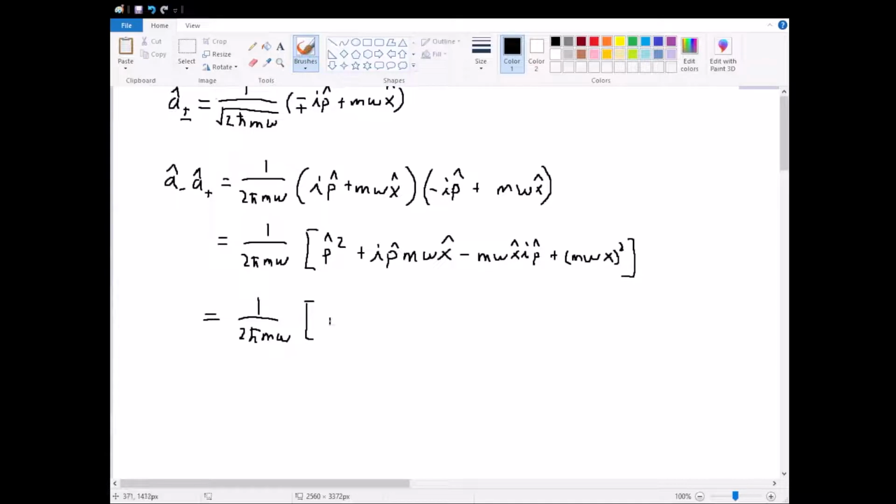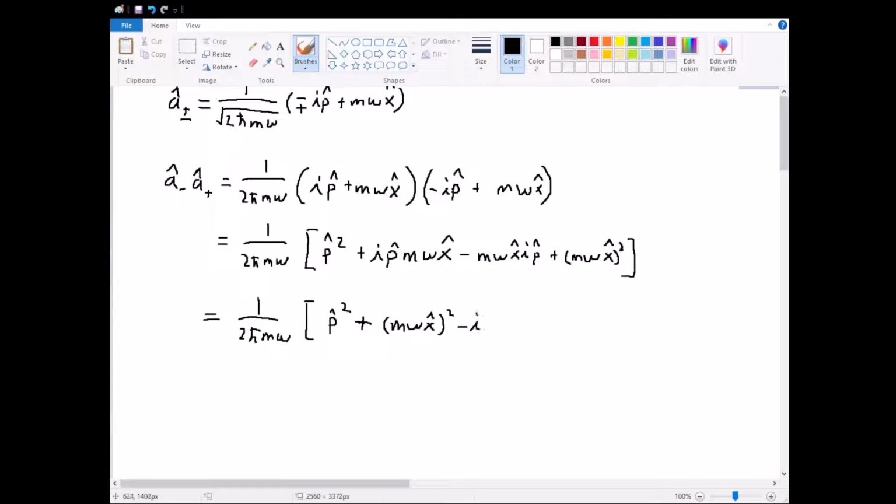So we have p hat squared, and then plus m omega x hat squared. Let's add the hat here as well. And then, for convenience, we're going to distribute out negative i m omega.